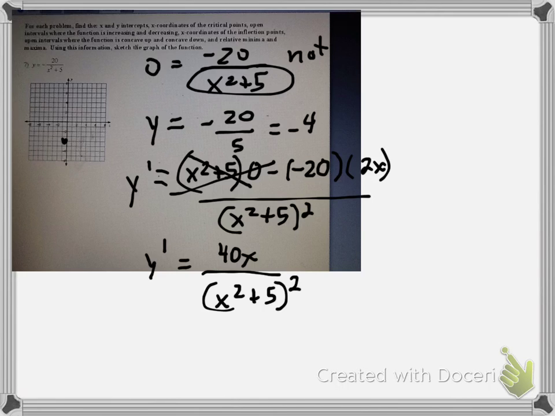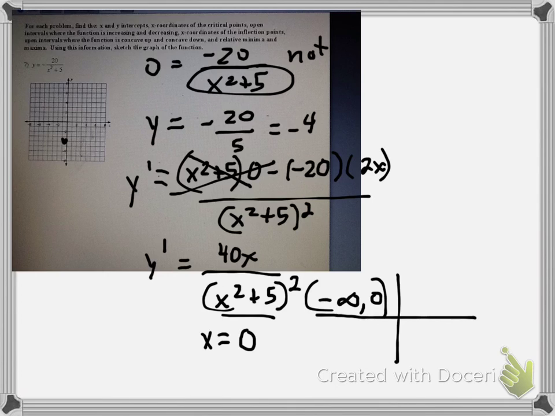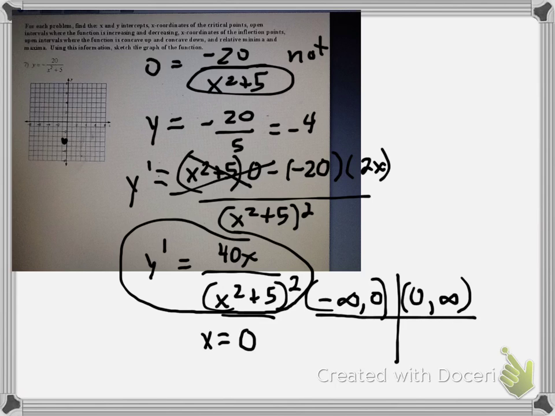Possible critical numbers are at x equals 0. You can't make the denominator 0 to make it undefined, so we just have x equals 0. So our intervals for our increasing and decreasing check, I need to plug in numbers that are smaller than 0.